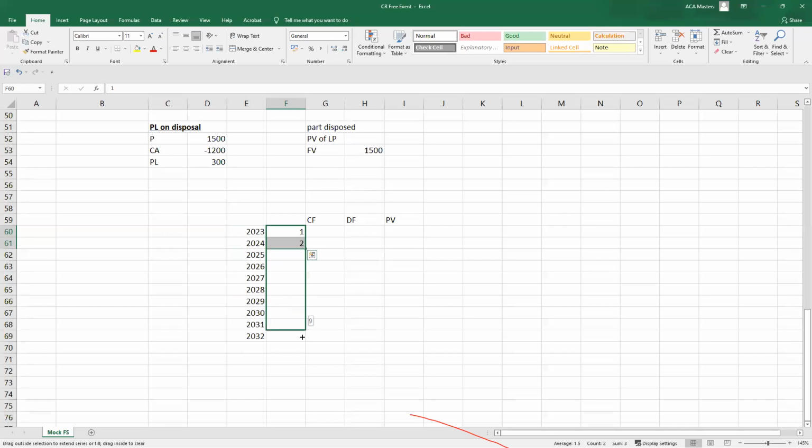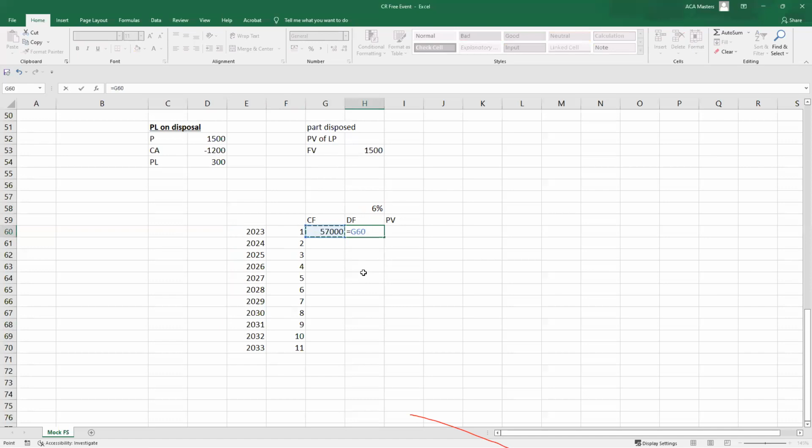There are obviously much shorter ways that I'm going to show you. You could do your 57,000 and discount it each year. We're told that the implicit interest rate is 6%. So this would be the long way to do it: multiply it by 1 divided by 1.06.